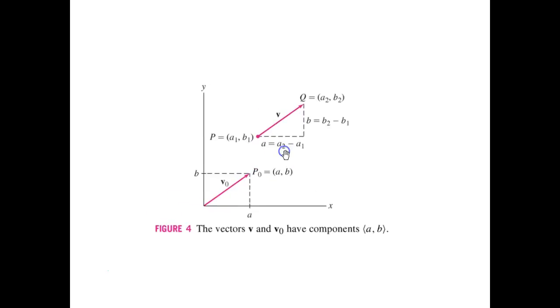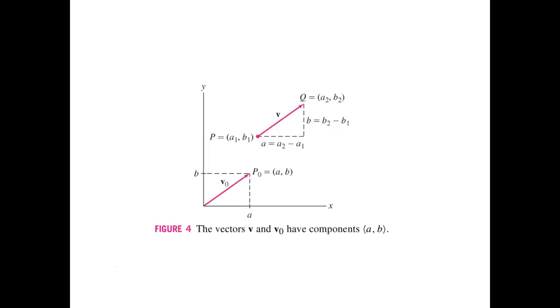And if that wasn't enough, okay, here's a vector V, initial point P, final point Q, that would be the vector PQ, okay. Now, its components are AB. The coordinates of P are A1, B1, coordinates of Q are A2, B2.